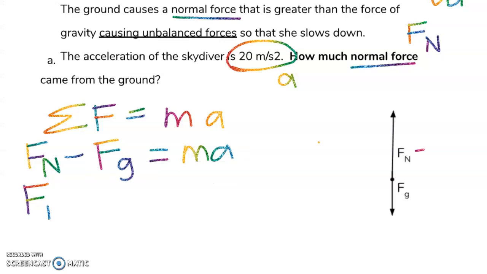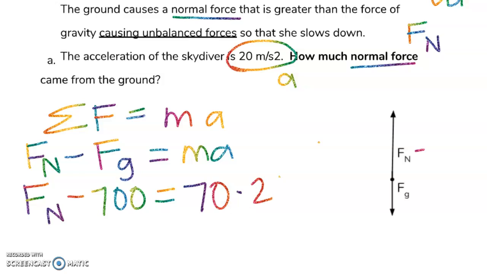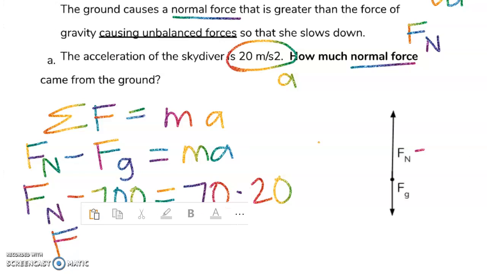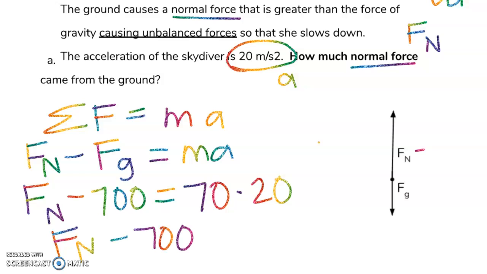I do know how much gravity is acting on the skydiver because that was from the other problems. It's still going to be 700 newtons. The mass of the skydiver is 70, and the acceleration according to the problem is 20. So here I'm going to simplify in my next step. I'm going to multiply out the 70 times 20, and that comes out to be 1400.